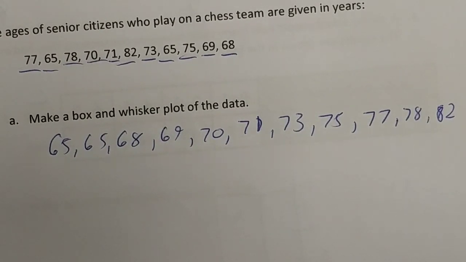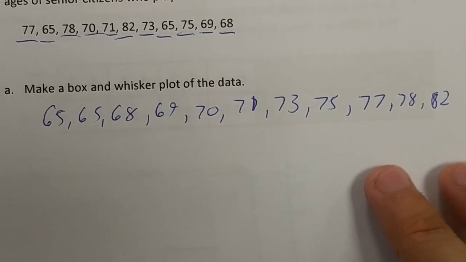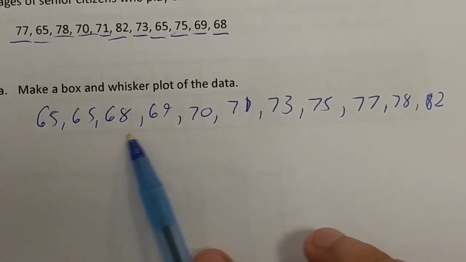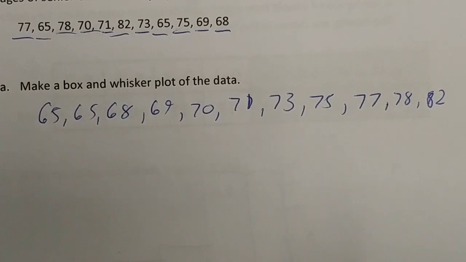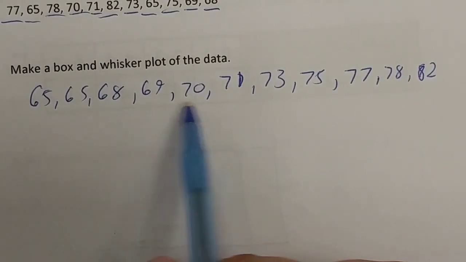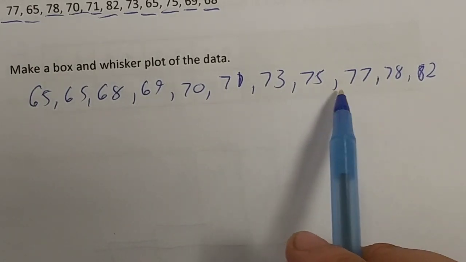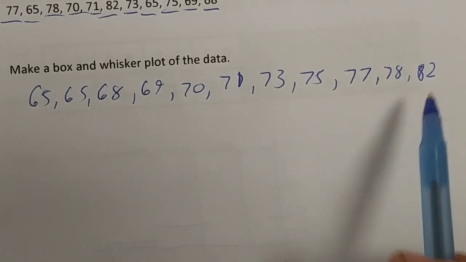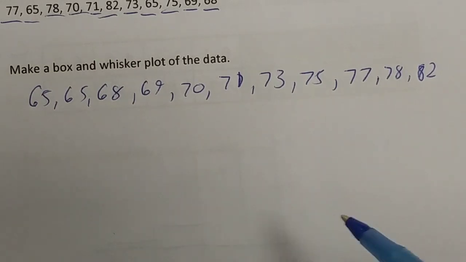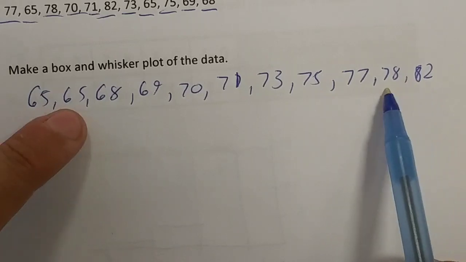So with that in mind, what are we going to do? What we're going to do is end this right here by solving this. So, 65, 65, 68, 69, 70, 71, 73, 75, 77, 78, 82. We're going to take the middle first, or the median, as we call it.